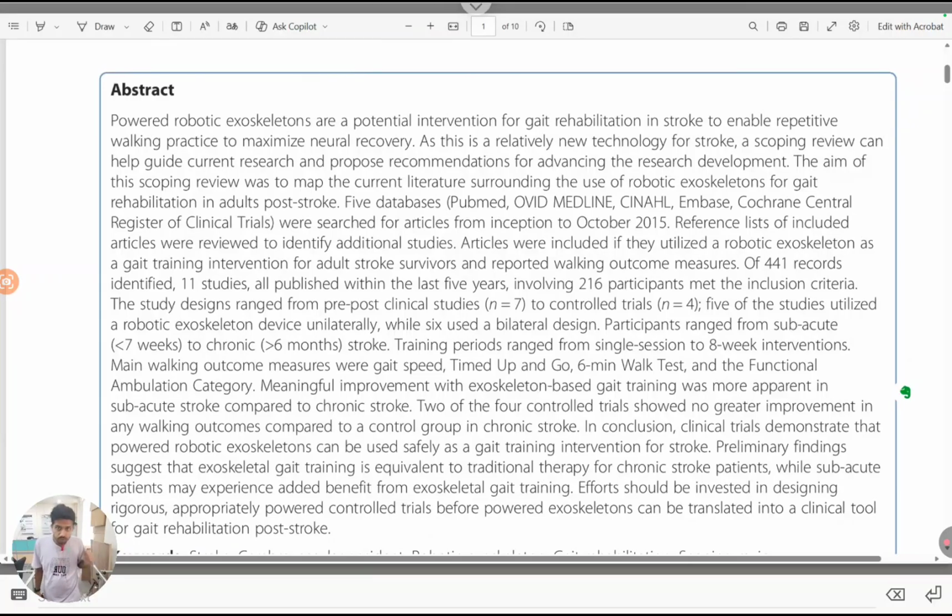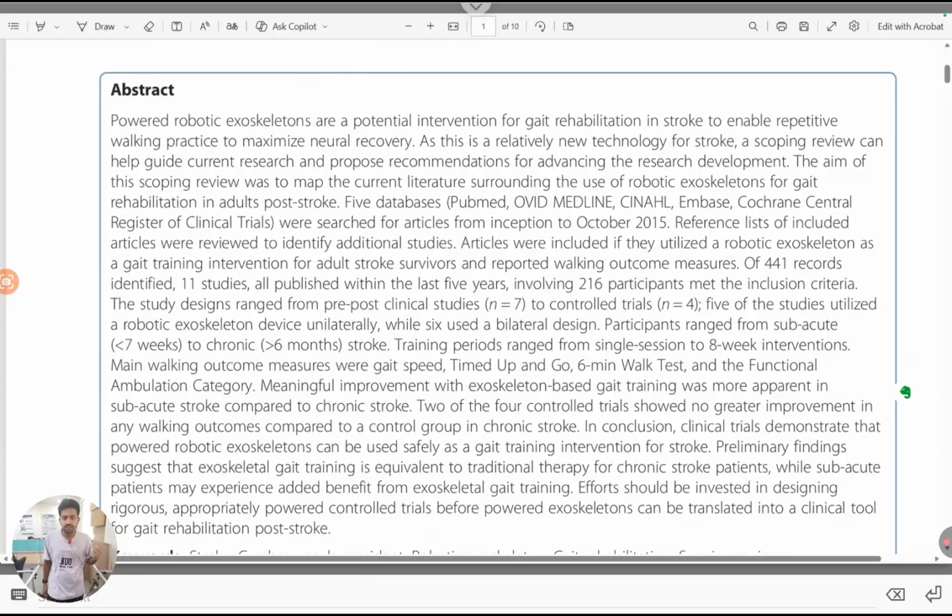Meaningful improvement with exoskeleton-based gait training was more apparent in subacute stroke compared to chronic stroke. Two of the 4 controlled trials showed greater improvement in walking outcomes compared to the control group in chronic stroke. In conclusion, clinical trials demonstrate that powered robotic exoskeletons can be used safely as a gait training intervention for stroke.